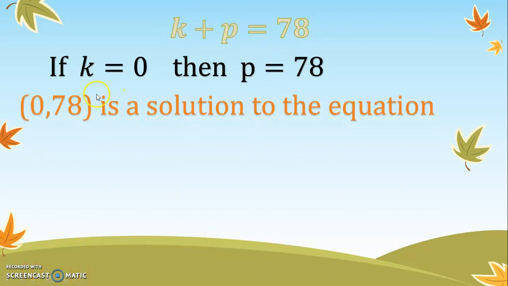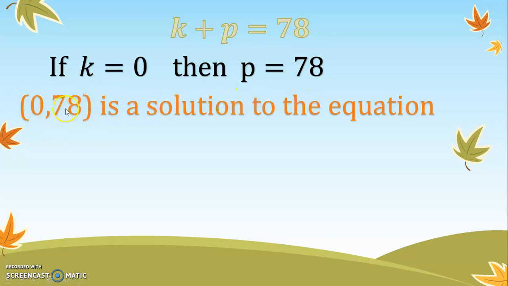The solution of a linear equation in two variables is expressed in the form of an ordered pair, where the first value is the value of the first variable and the second value is the value of the second variable. So here 0 comma 78, where 0 stands for the k value and 78 stands for the p value. So this combination is a solution of the equation.